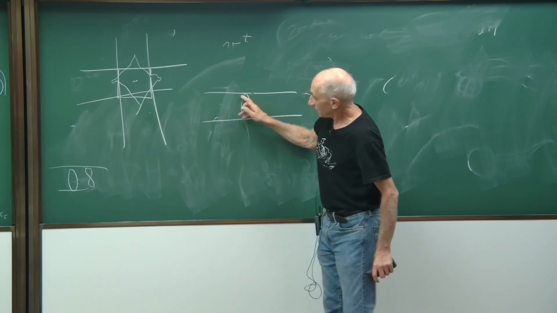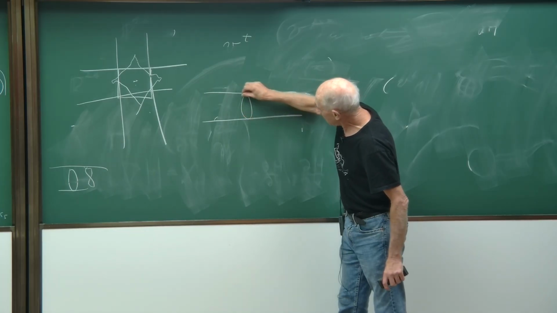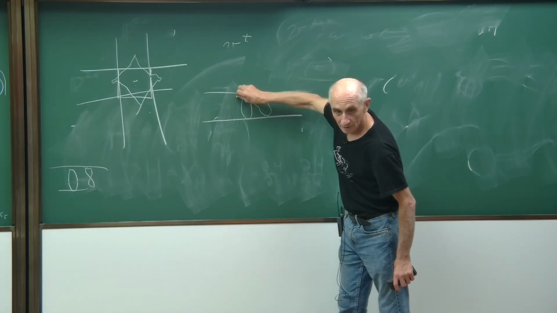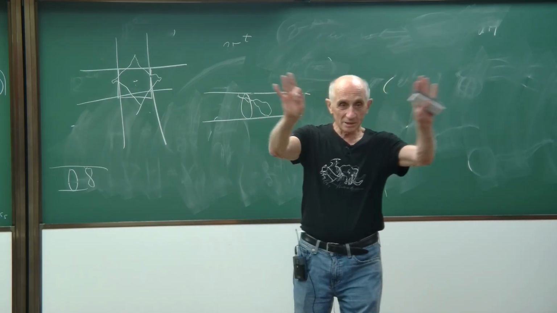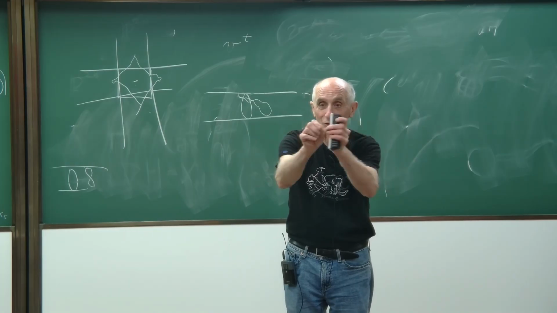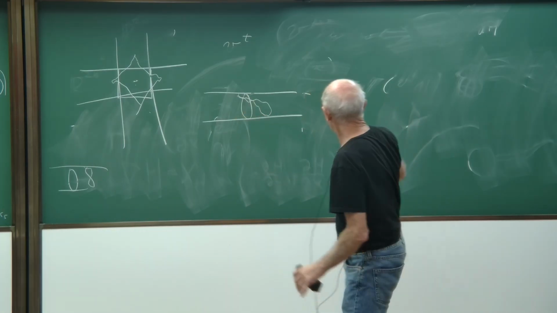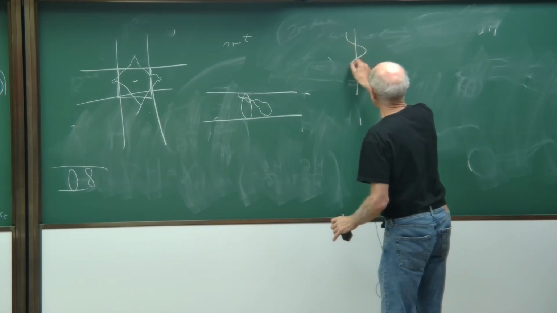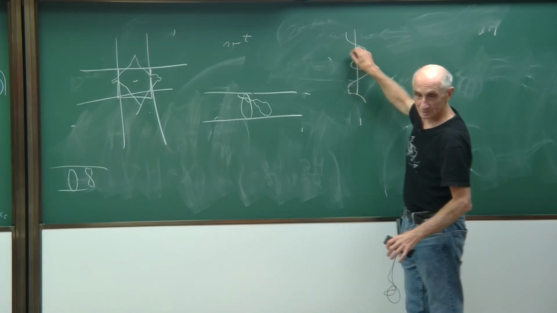So now you take any loop and take its image, and because these two curves are in the same homotopy class, there is some annulus between them. So there is one curve and there is an annulus to the other one.